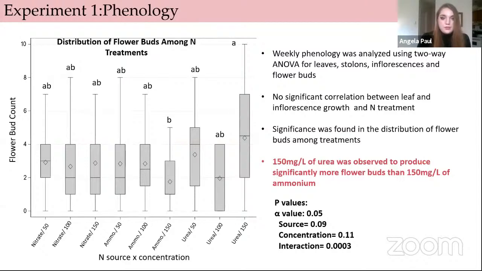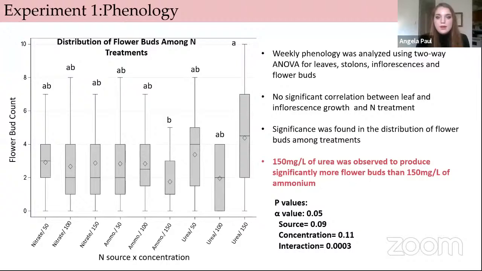Next, I looked at phenology, and in particular, I wanted to look at the amount of flower buds produced. So for this, I similarly counted all of the flower buds and other plant parts every week. I compared the data using two-way ANOVA, and I did not find a significant difference between any treatment except for the greatest concentration of urea at 150 milligrams per liter and the highest concentration of ammonia at 150 milligrams per liter.